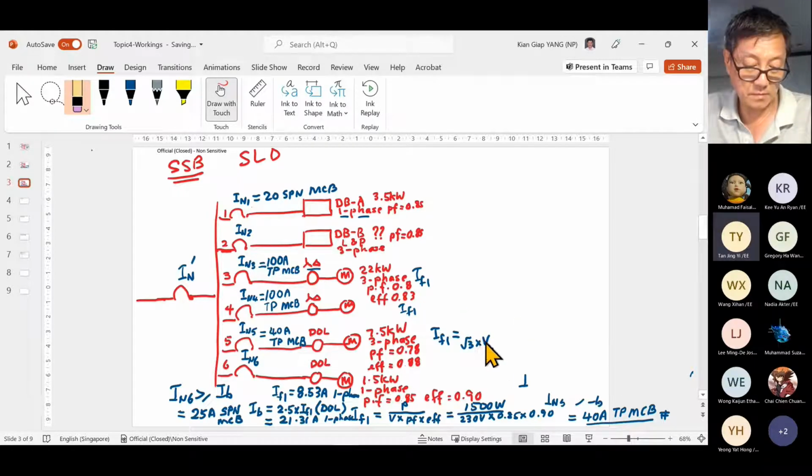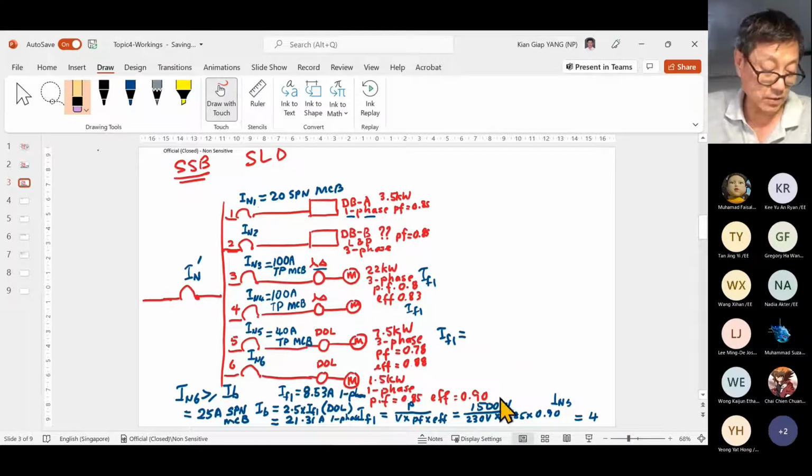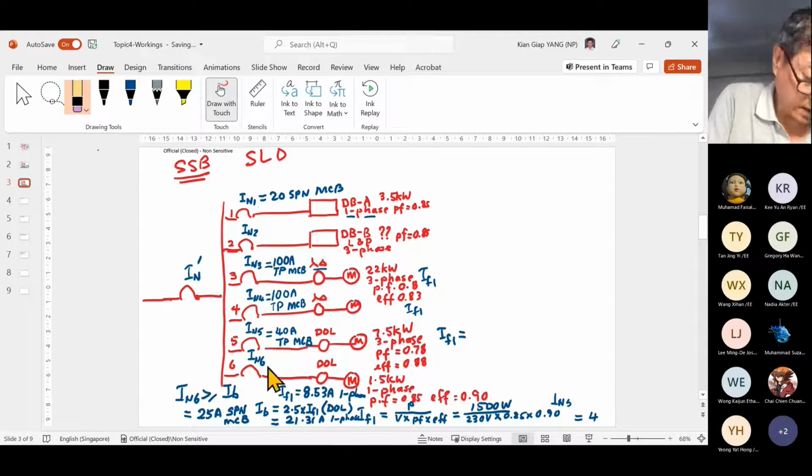Oh, you can calculate the power from the lighting, but okay, we have to do something. We have to do a load balancing. I know you all have not done that part in the lecture, but I will show you how to do it. Let me clean up all the others first. So now I have already, all this I can write down first.